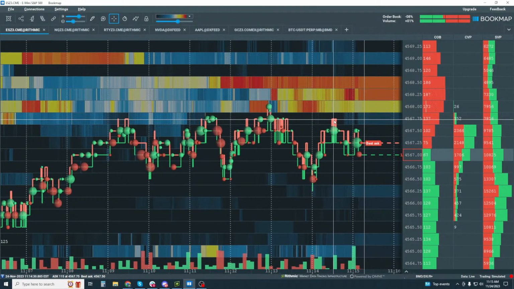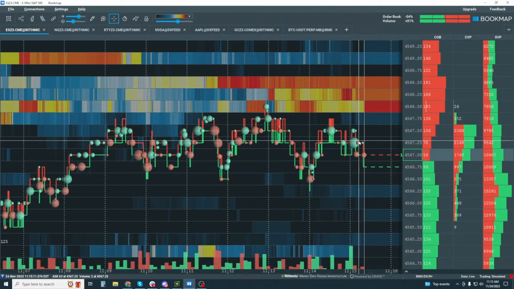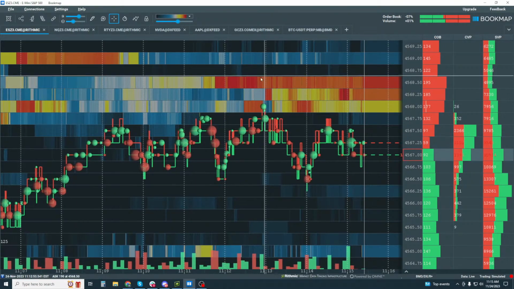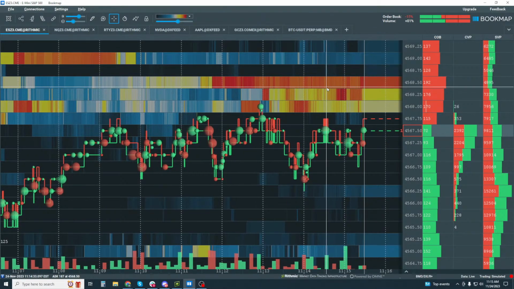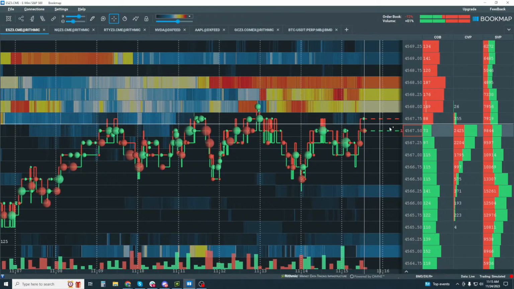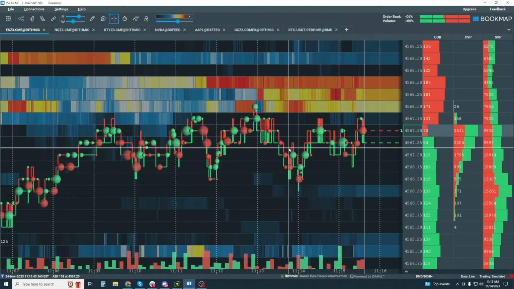The question though is, are we still finding buyers, or are we starting to find sellers? That's the context we want to understand here. Is it too high? Okay, well now look at the buyers come back again. So actually now we've hung out up here multiple times.